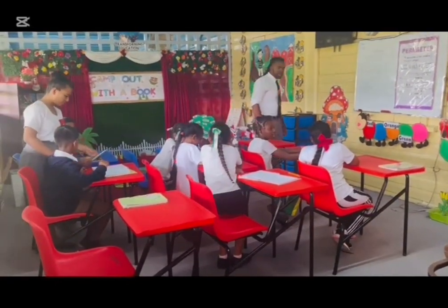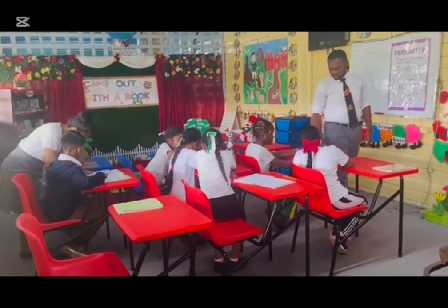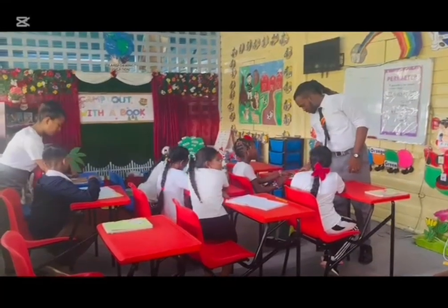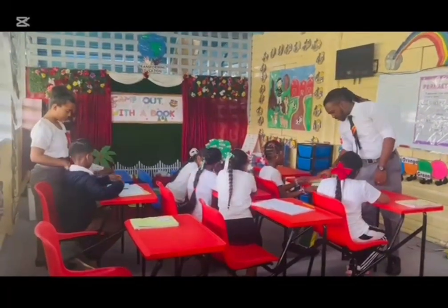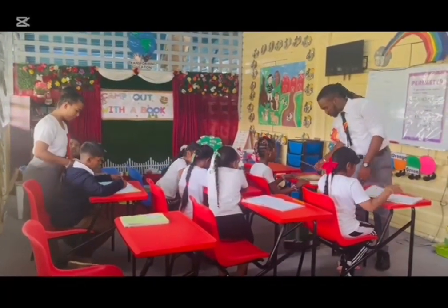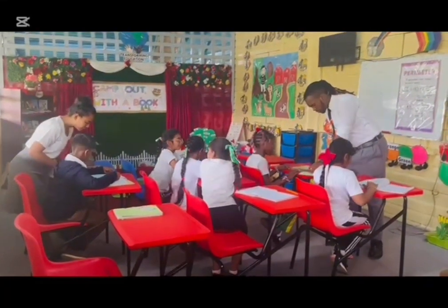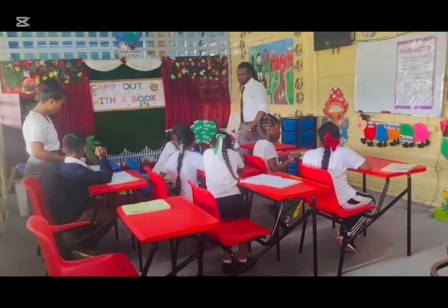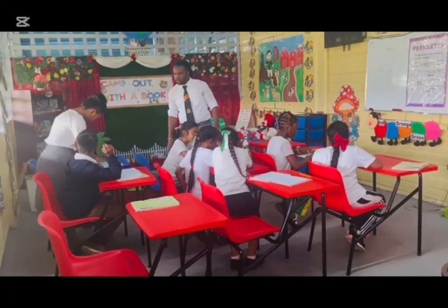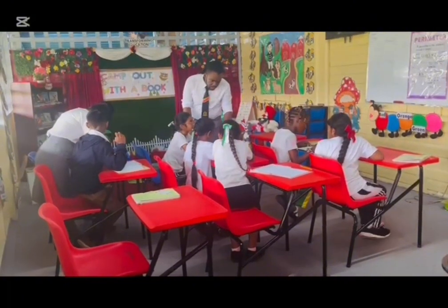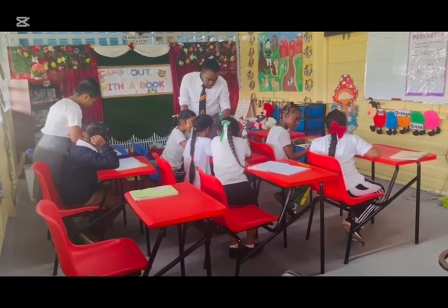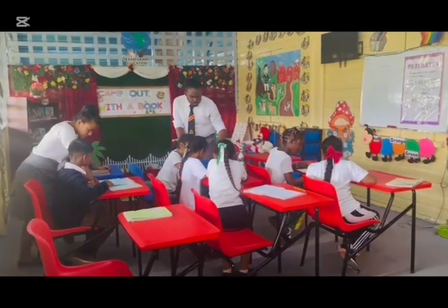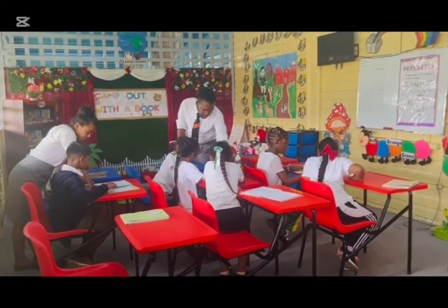So take your time. Open up your books. Find the perimeter of the square. You have to use your ruler. Good. So I see we found the perimeter for one side, 6.